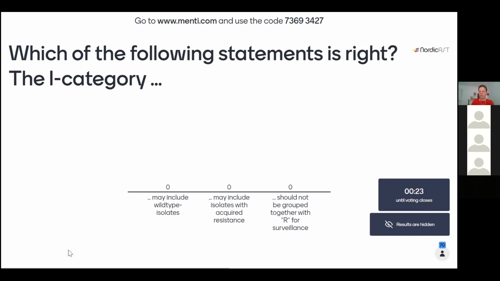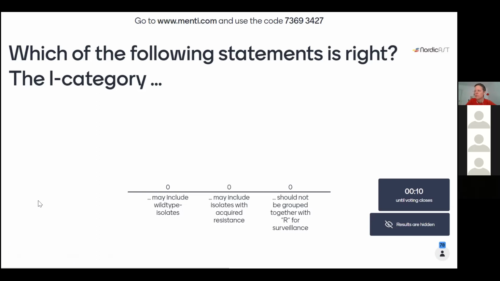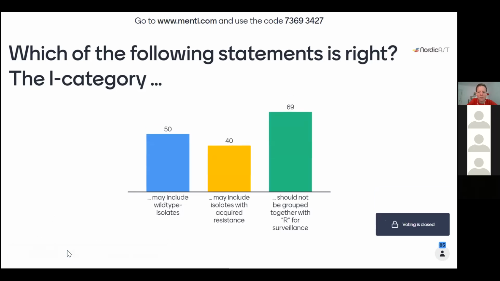I can see Ulrich has set a time now, so we'll wait another 20 seconds. And now I think we can just see the results.